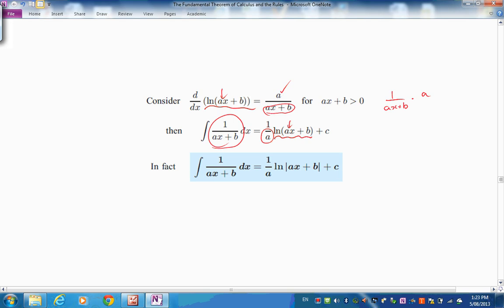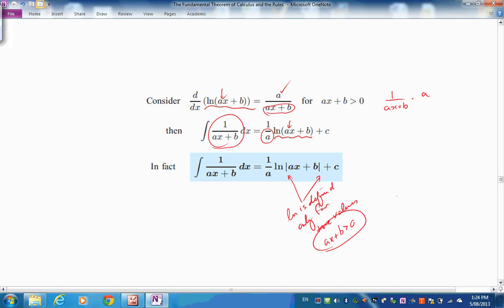And we should put this absolute value or modulus sign in here, remembering this ln is defined only for positive values. In other words, ax plus b must be greater than 0. To ensure that, we put the absolute value around that part of the function.